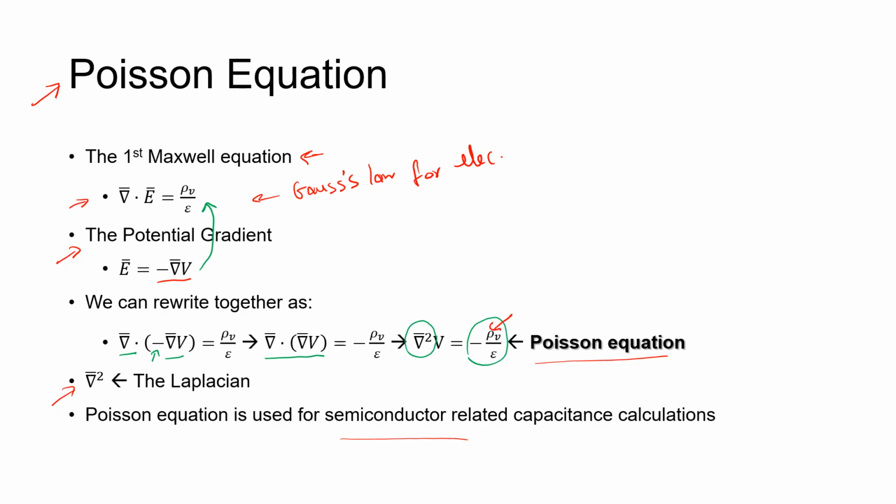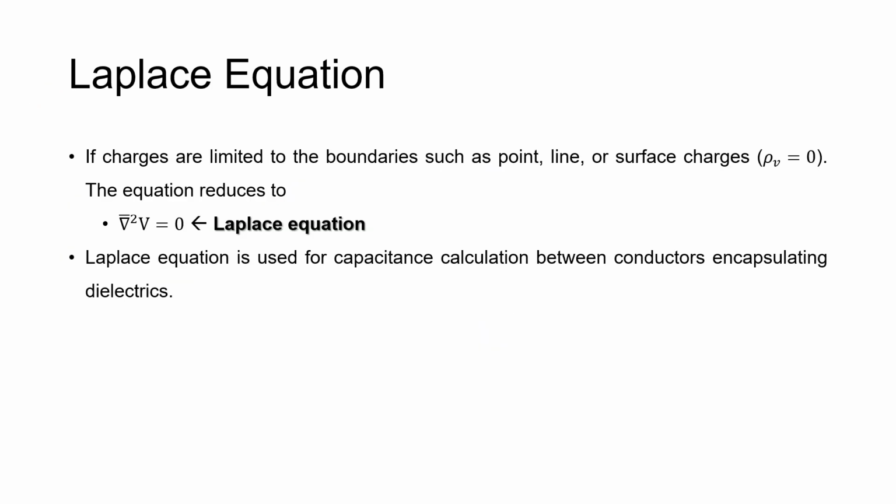But we are interested more in capacitance in conductive surfaces, and between these conductive surfaces there is some dielectric. So now we are with the Laplace equation, and the Laplace equation is the same as the Poisson equation, but we assume here rho V is equal to 0, and in that case the right hand side reduces to 0.